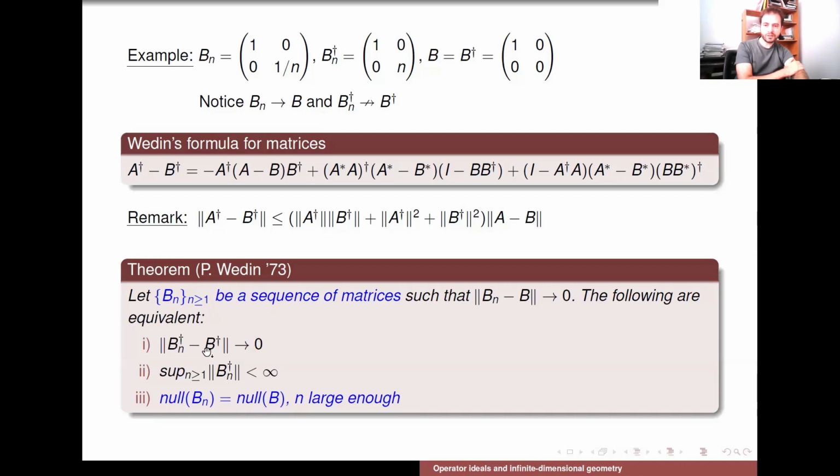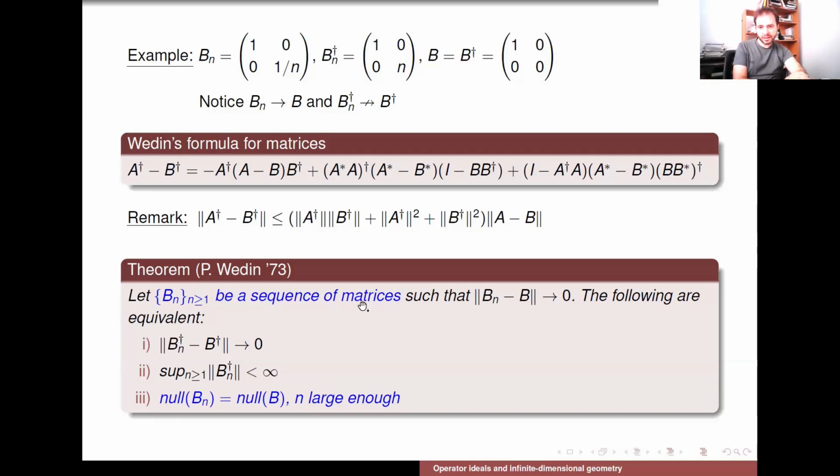B_n dagger converges to B dagger. These norms are bounded, and also the null spaces are equal for all n large enough. Note that in the example, we have different null spaces. Here is the nullity, the dimension of the null spaces. This condition on the nullity we can change for a condition on the ranks in the finite dimensional setting.